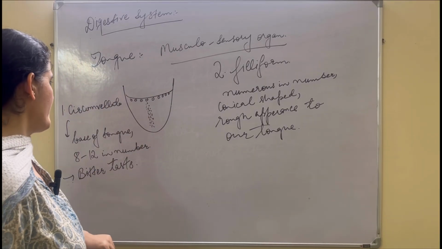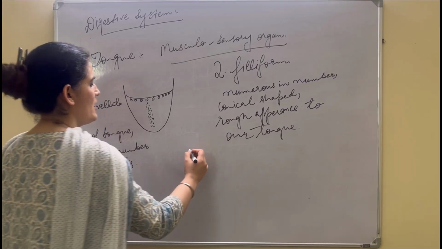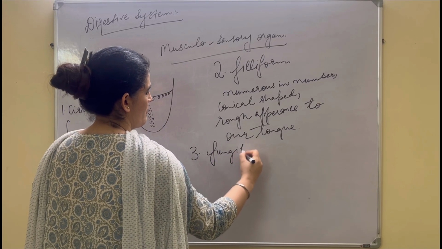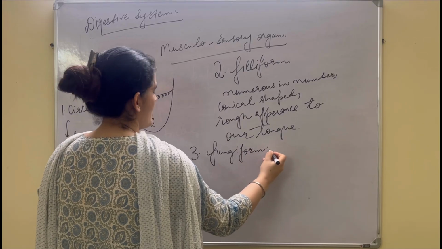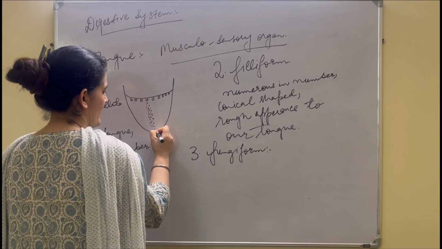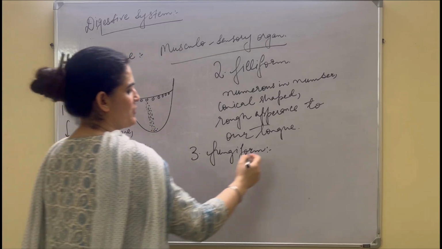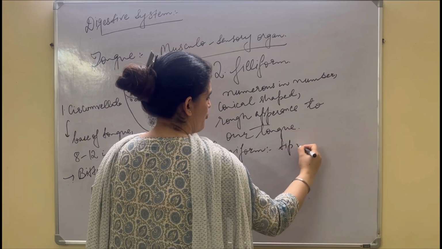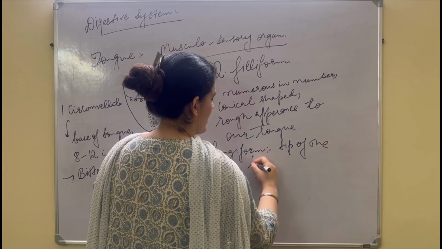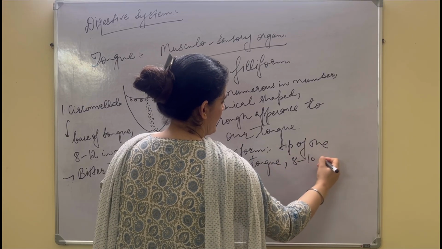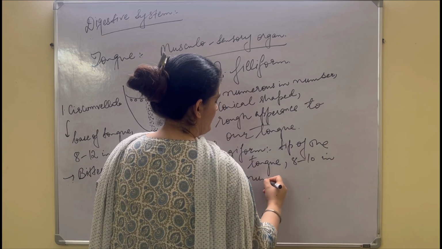And then the third one is fungiform papillae. These fungiform papillae are present here at the tip of the tongue, and they are also 8 to 10 in number.